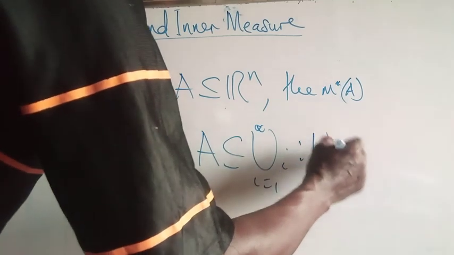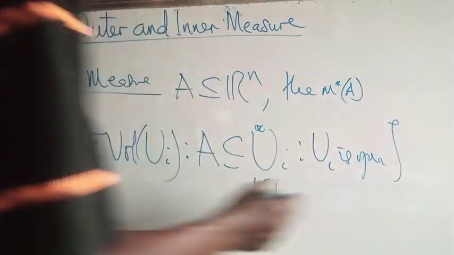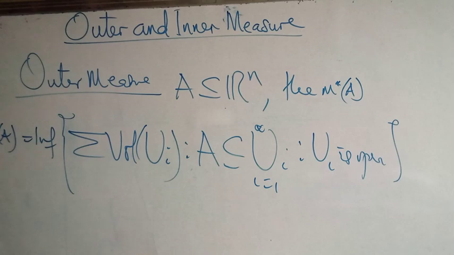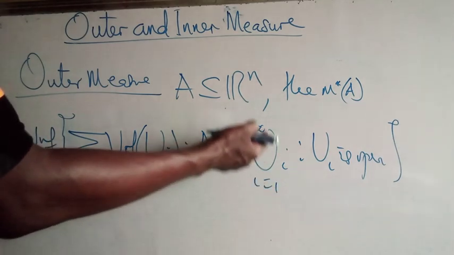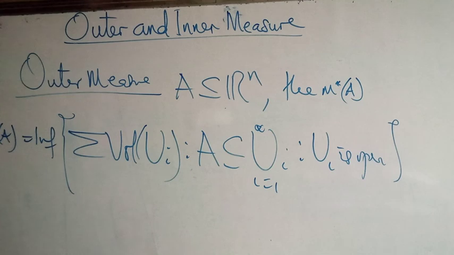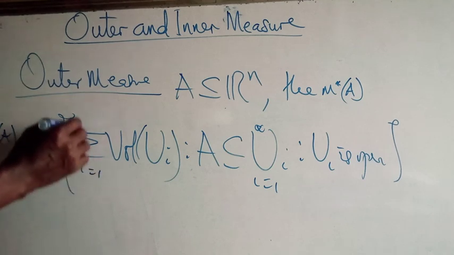And our cover is open. The cover in this aspect should be countable and open. It's countable because you have i moving from 1 to infinity, and it should be open too.